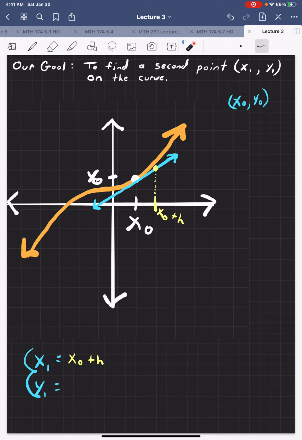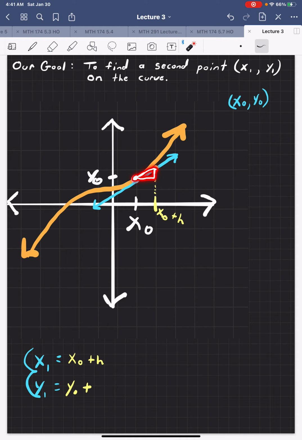So now how do we find, from here, what would be this new y position? Well, of course, it's going to be y sub 0 plus, right? So we started here, and think about rise over run, if you will. Our run is h, and what is our rise?